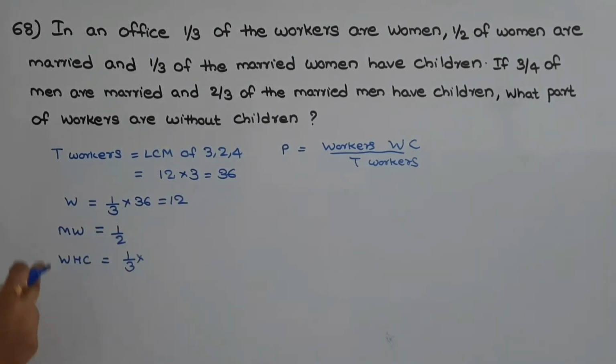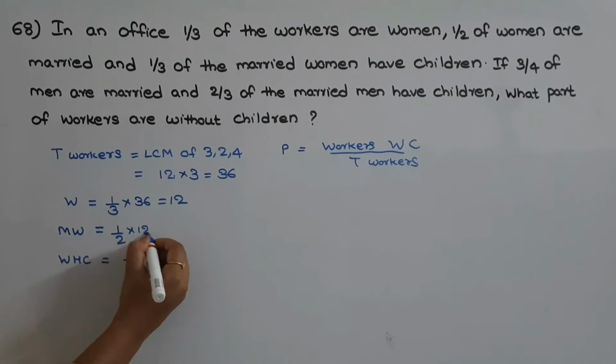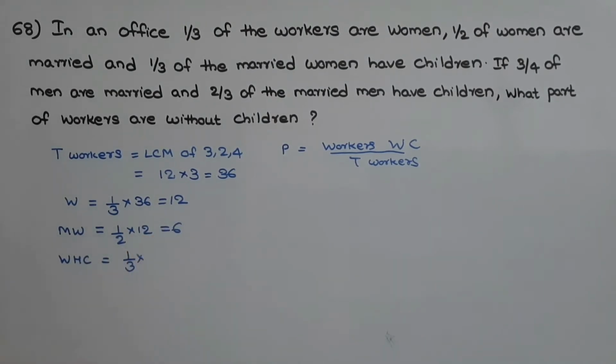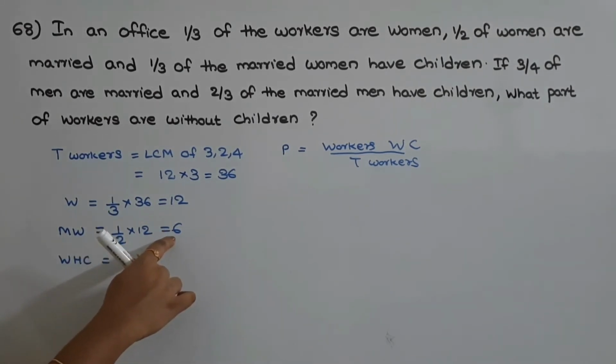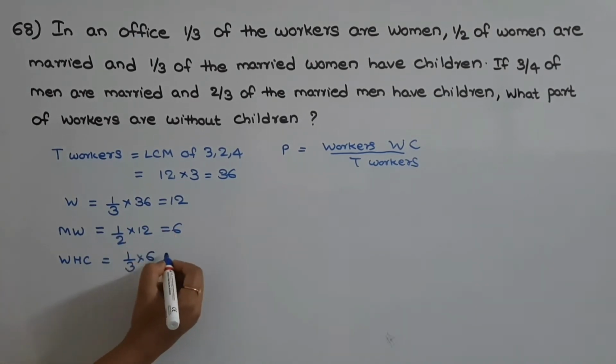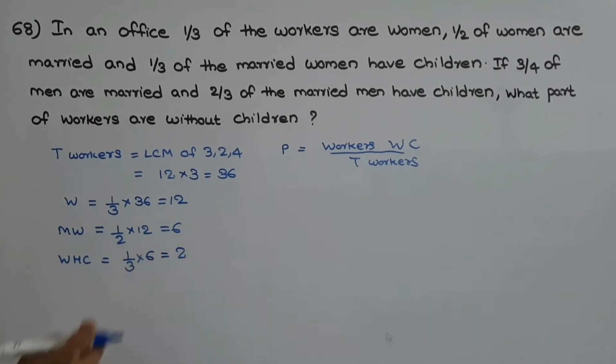Okay, then what will be the number of married women? That is 1 by 2 into women, that is 1 by 2 into 12, that is equal to 6. Okay, then what will be the number of women who are having children? That is 1 by 3 into number of married women, that is 1 by 3 into 6, that is equal to 2. Okay, now this is not a fraction, this is a whole number. Okay, so let us consider the total workers as 36.